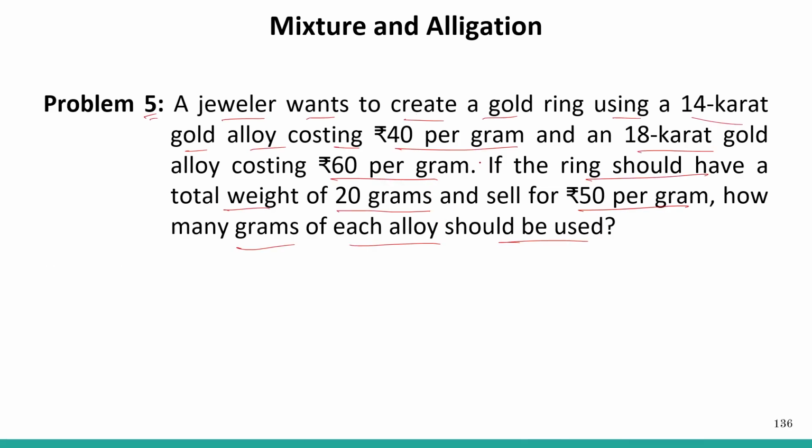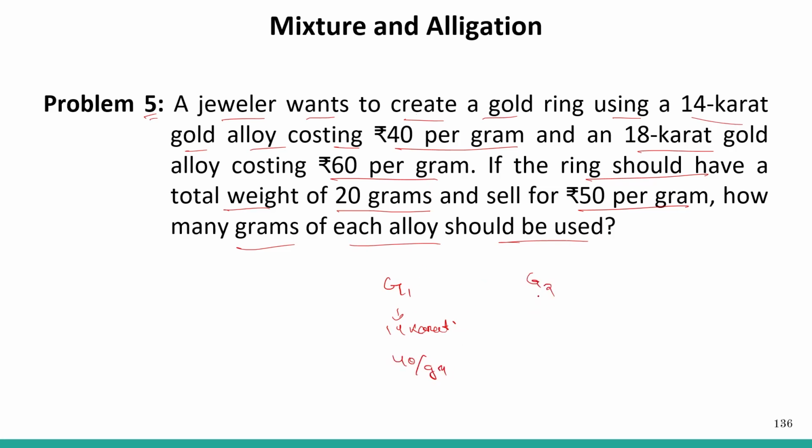So what we have right now is a gold ring. A jeweler made a gold ring using 14 karat gold alloy. So for G1, that is the 14 karat, it costs 40 per gram.